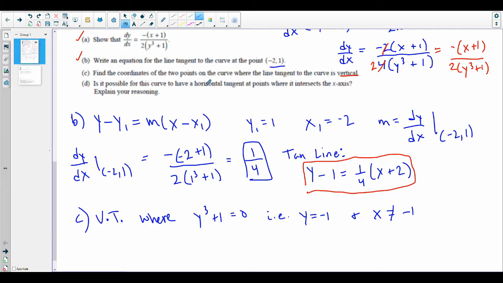Of course, we need the points, so in addition to the y coordinates, we also need the x coordinates. So we're going to plug y equals negative 1 into the original equation for the curve.